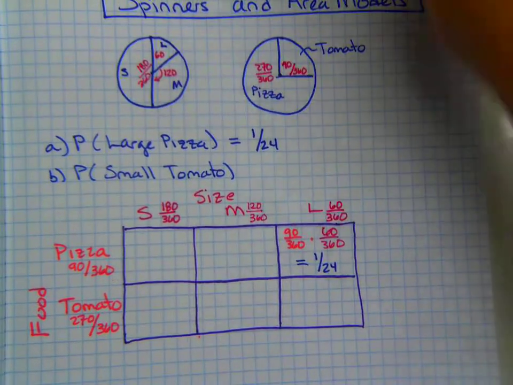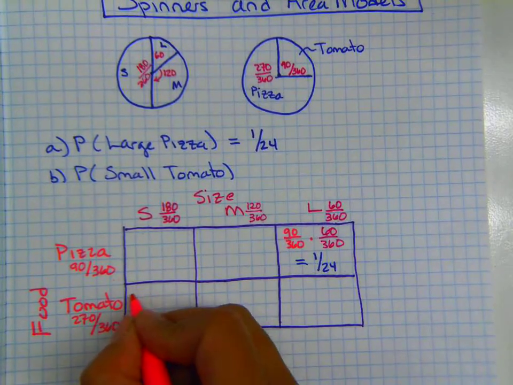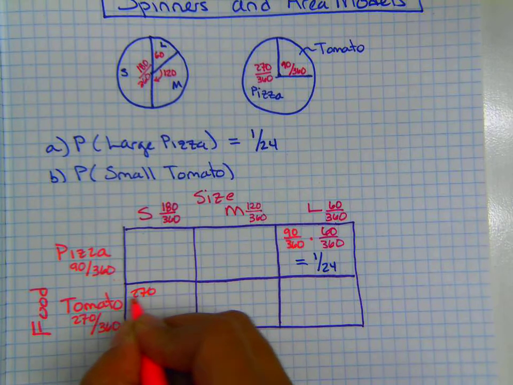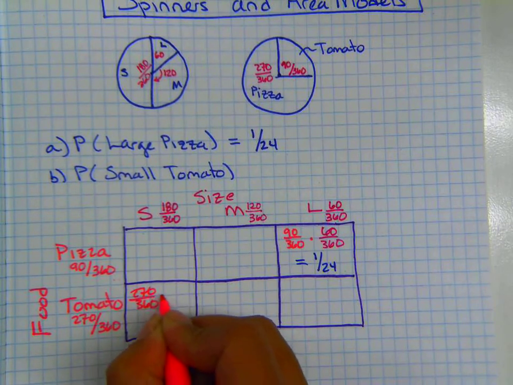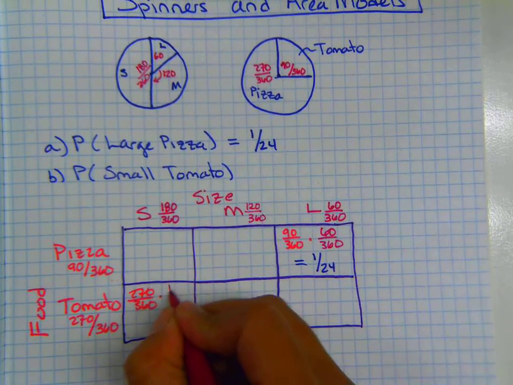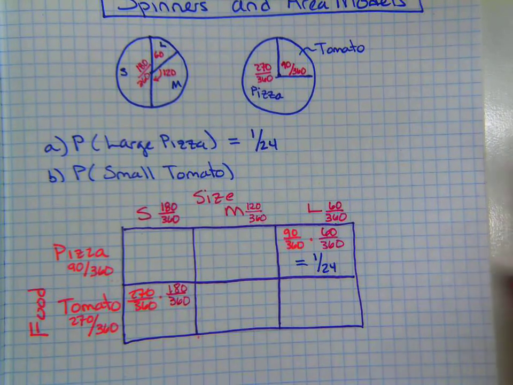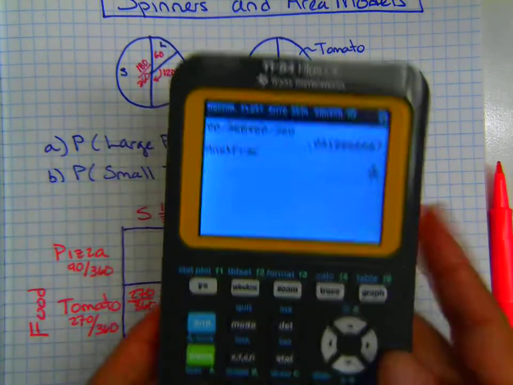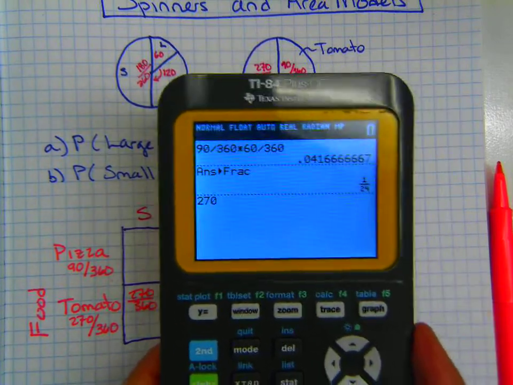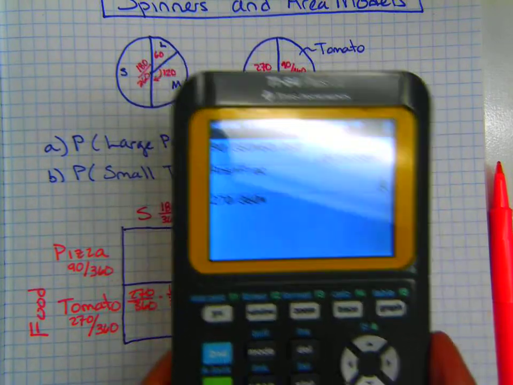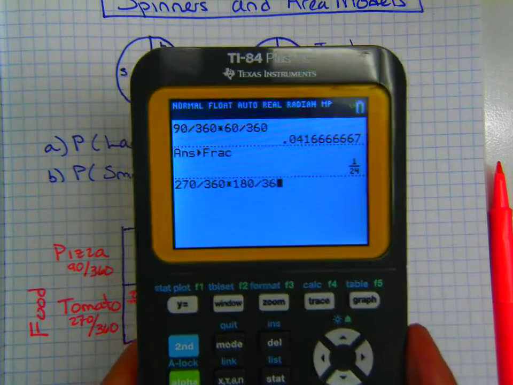So what's the probability of getting a small tomato? Well, I'm going to do the same thing. We're going to take 270 over 360 times 180 over 360. Again, we're going to use the calculator: 270 divided by 360 times 180 divided by 360.